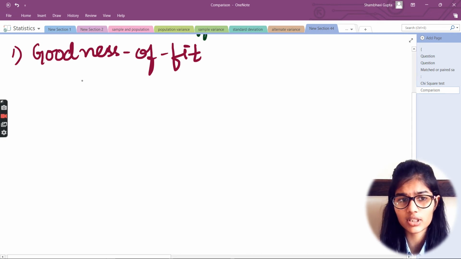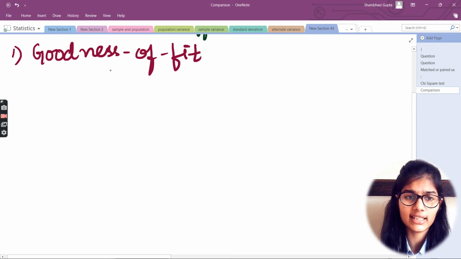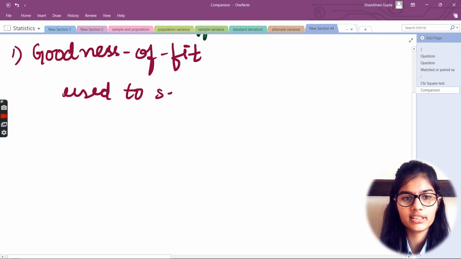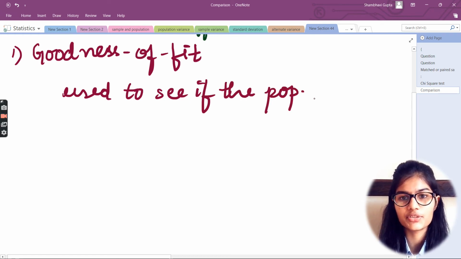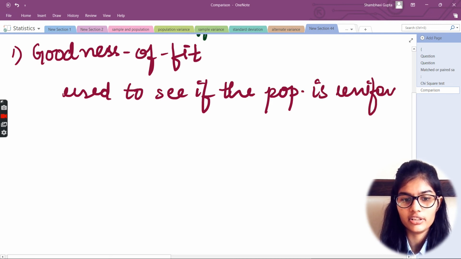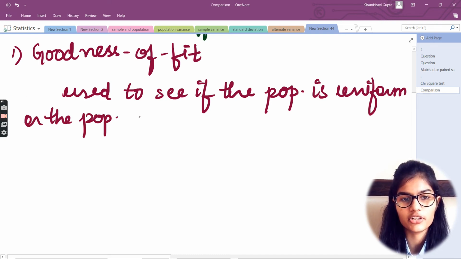I would quickly write a quick summary regarding this. I could write it in such a way: used to see if the population is uniform, or the population is normal.